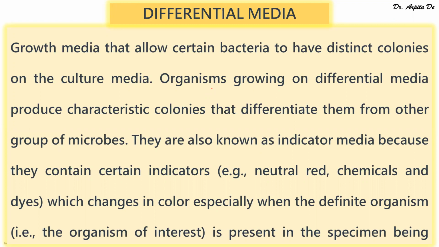Suppose a soil sample contains, say, 5 different types of bacteria. This is just an example to make you understand. Suppose this is a media plate. 5 different types of bacteria are present in the soil.